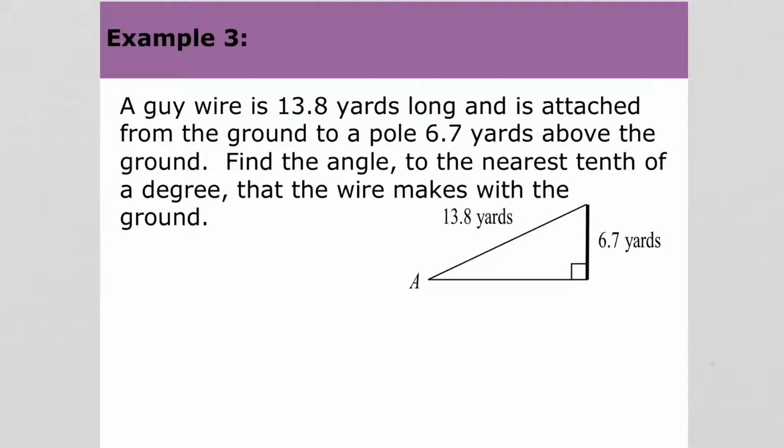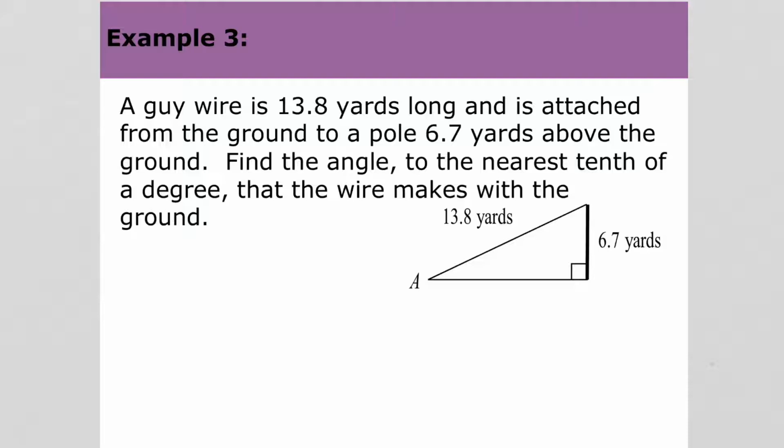Another similar example says a guy wire is 13.8 yards long and is attached from the ground to a pole that is 6.7 yards above the ground. I guess a guy wire is some kind of support for this pole.